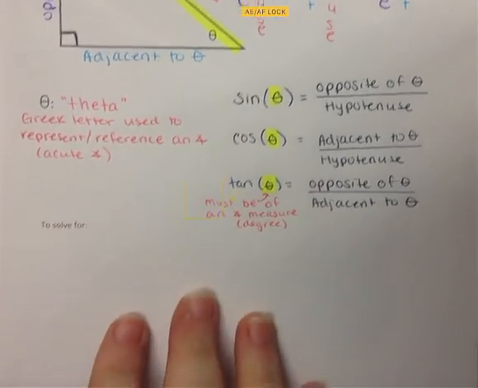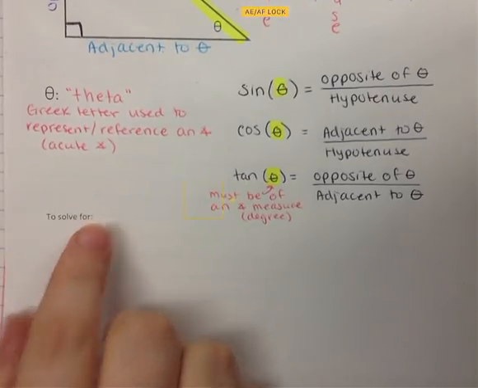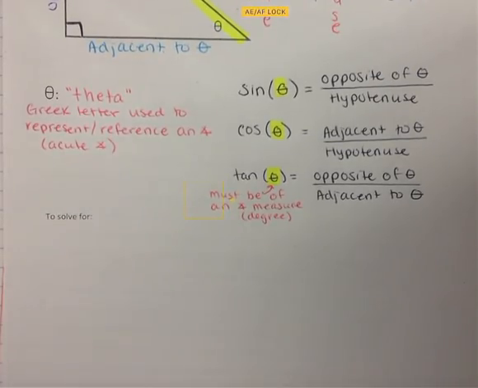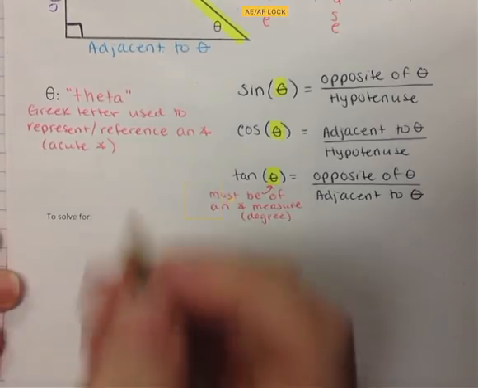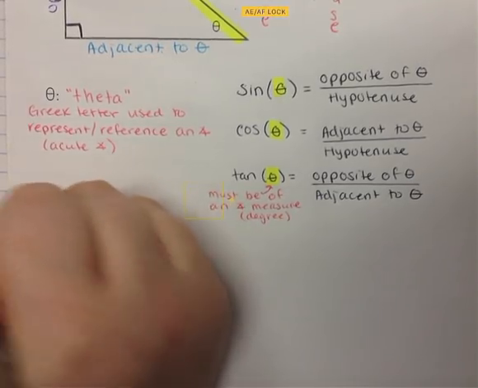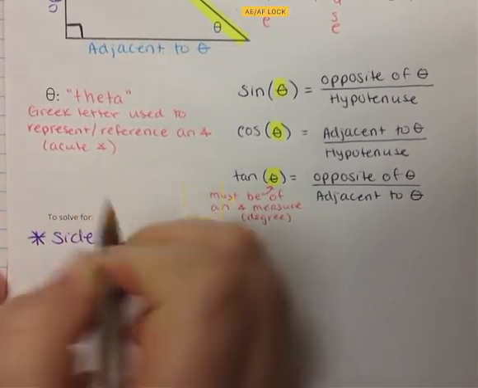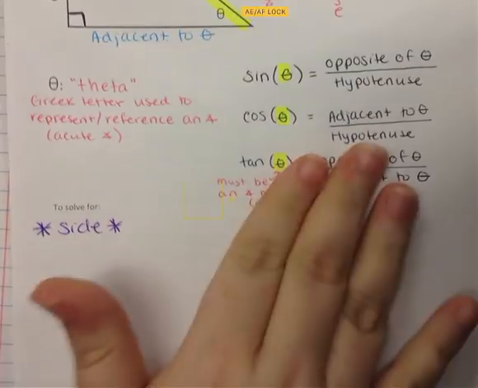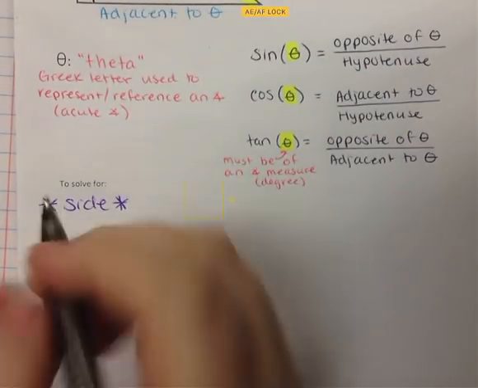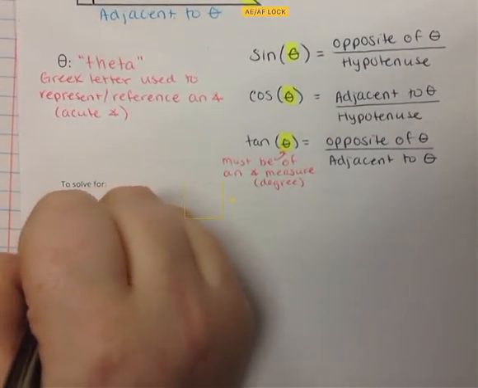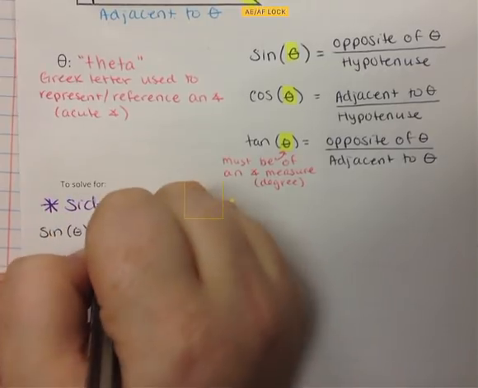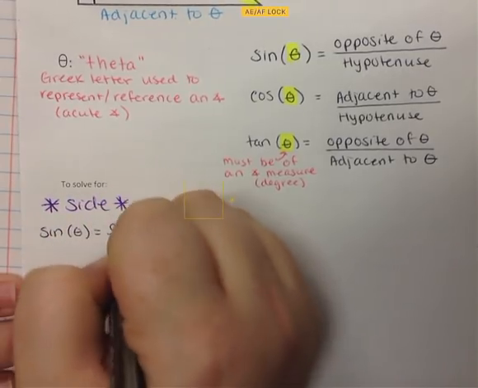So you can use this to solve for a side or an angle. If I wanted to use trigonometry to solve for a specific side, I would be given one side and one angle. To solve for a side, you set it up the same way you see it over here. So you would have sine of theta is equal to your opposite over your hypotenuse.